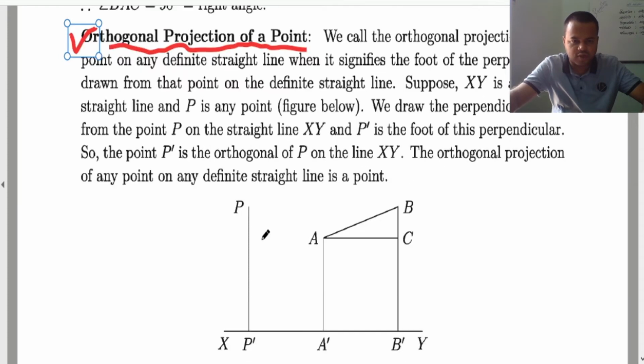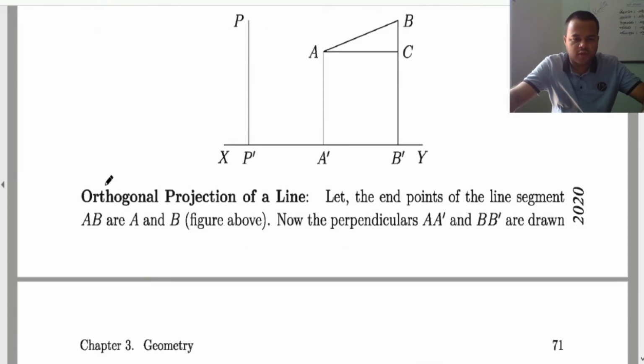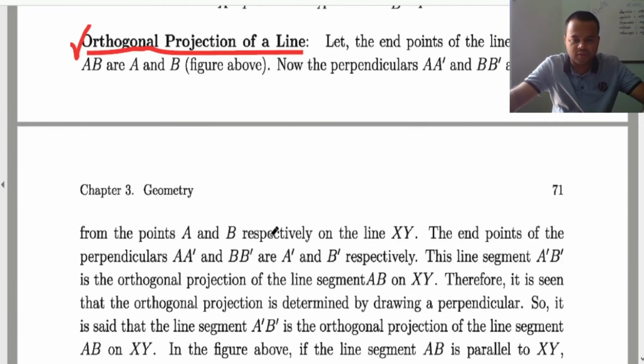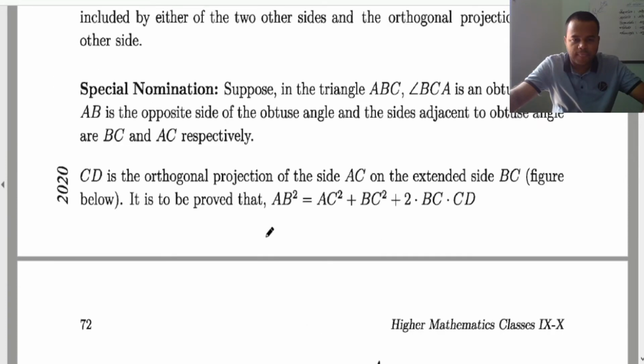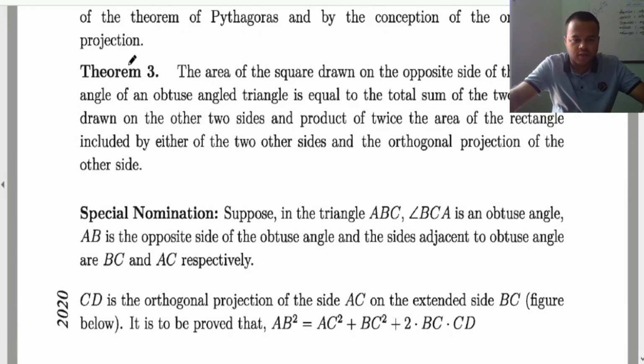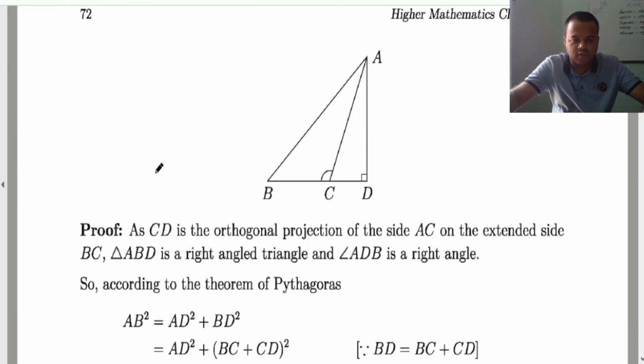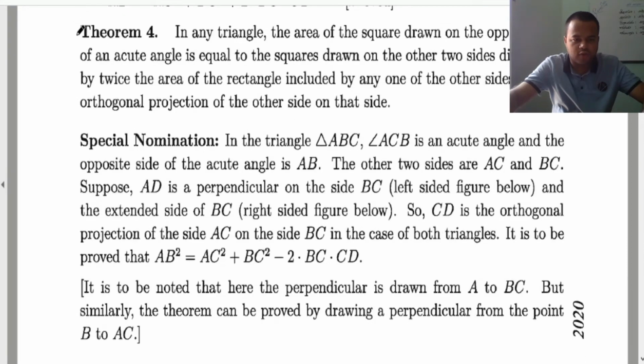What is the orthogonal projection of a point, what is the orthogonal projection of a line. I have discussed these topics briefly in my lecture. And now special theorem 3 and theorem 4 here.